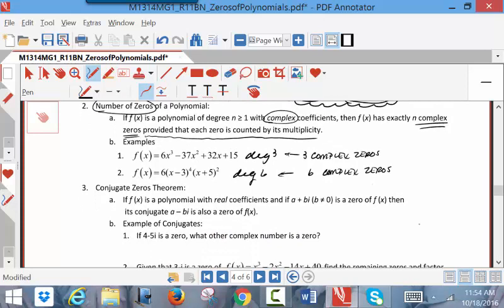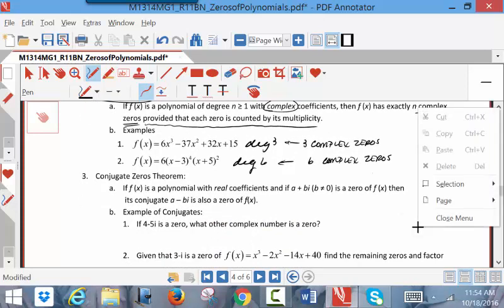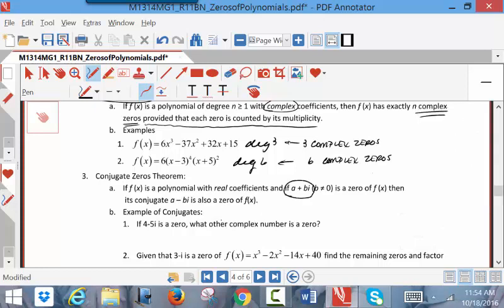No reason to panic. We have this conjugate zeros theorem, and what it says is that if a plus bi is going to be a 0, then a minus bi must also be a 0. So anytime you have a complex number as a 0 of your polynomial, they come in pairs. They always have to come in pairs.